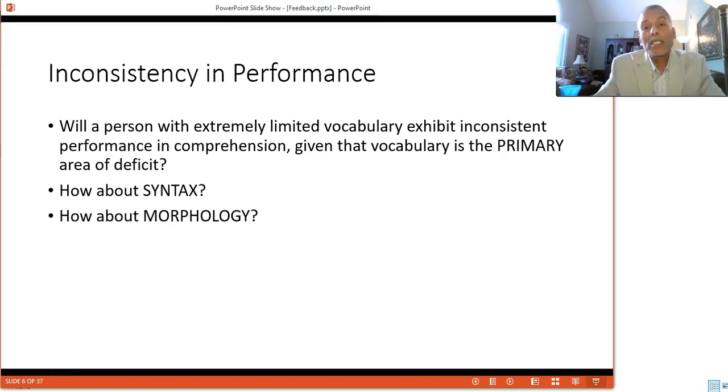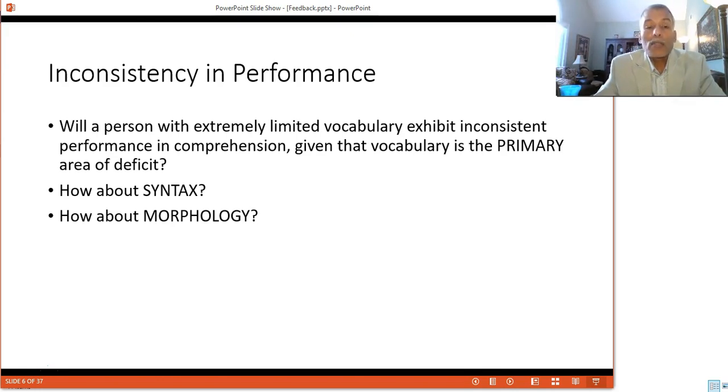How about complexity? How about vocabulary? Let's say the person is in 5th grade and I give them paragraphs from 3rd grade. That means the vocabulary is below their age level. So maybe they will do well here. And what about if I have a short paragraph, but it has more words that the child doesn't know?